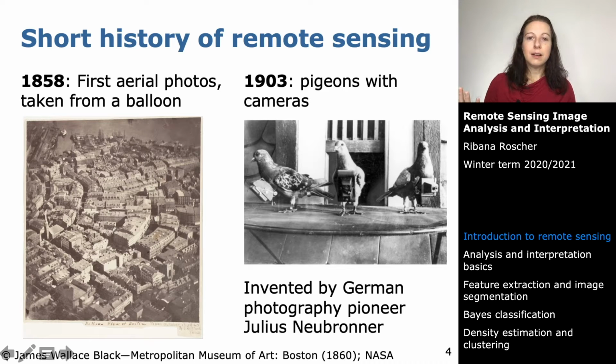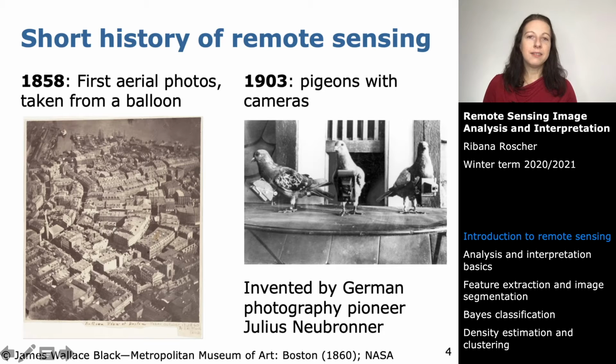But pigeons were also used to take photos from the air. Here you can see a picture on the right side. This is the so-called Bavarian pigeon corps. Pigeons were already used during this time for military applications, so why not use them also for aerial photography?